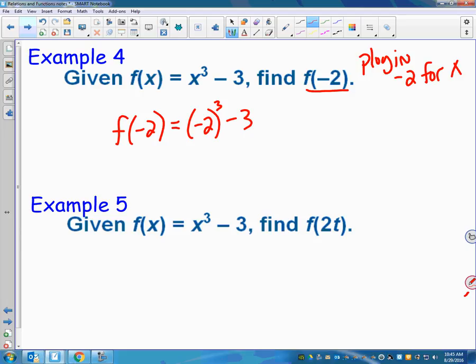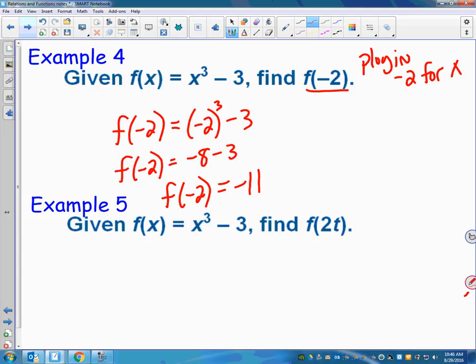I don't care if you use a calculator on this. I leave this side over here alone. But negative 2 to the third, remember, is not negative 6. It's negative 2 times negative 2 times negative 2, which is negative 8, minus 3, which is negative 11.